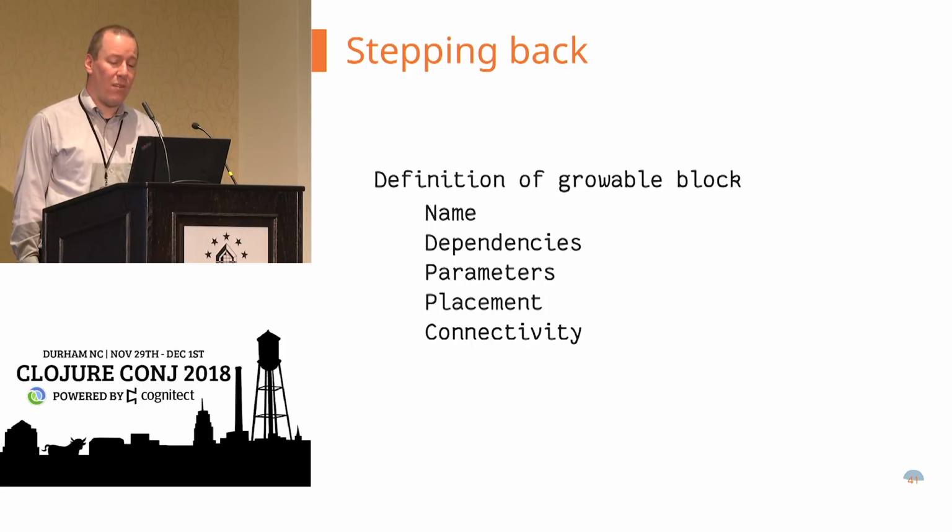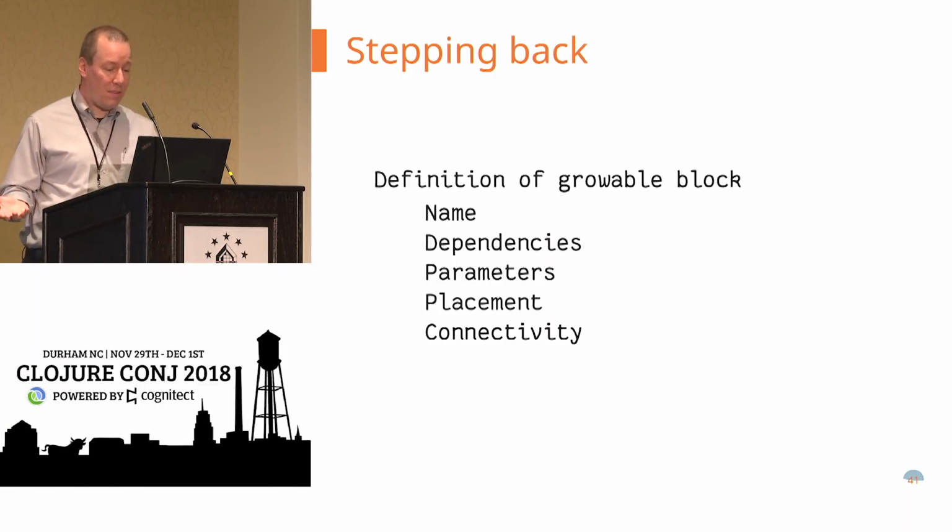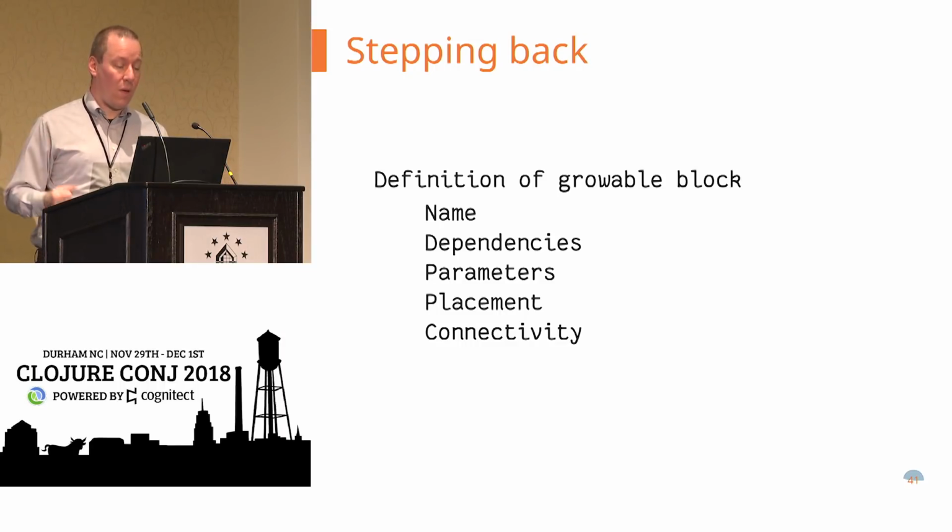So let's step back for a second. And the question here is, is there a way that we could make the code more structurally resemble the problem being solved? Because you can take this apart into blocks, and each of the blocks is something that has a name, it has things that it depends on, it has some parameters that it takes that describe how it's going to grow.